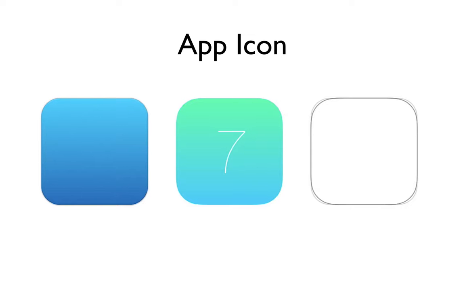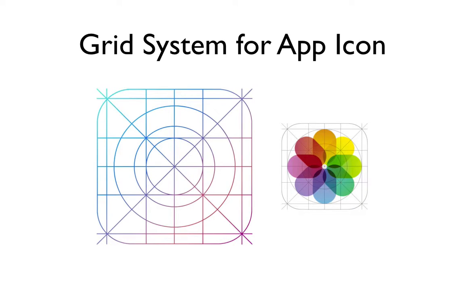First, the corner radius is different, and you can see the difference in the third image. Previously the app icon was 47 points, now it's 60 points. Apple also introduced a grid system for app icons.